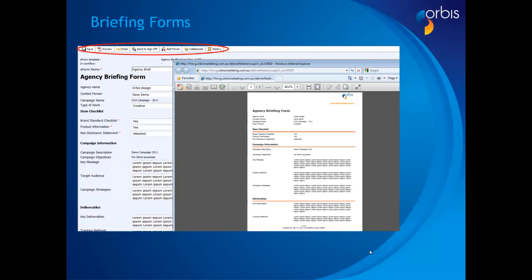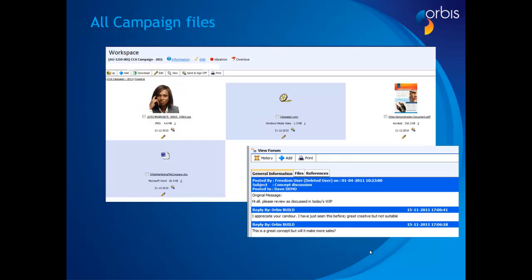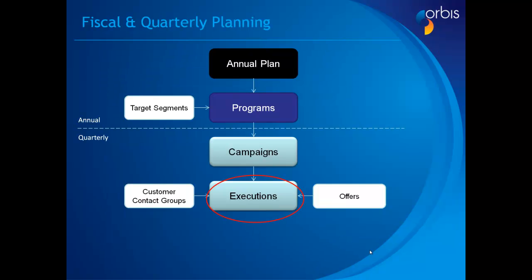They are actually integrated into the campaign, and we can send them out and get some comments and sign off on those forms. And thirdly, the agencies, our external agencies or internal design teams, are able to house files, which of course is a really critical element of any marketing process. House those files and discuss those files within the campaign itself.